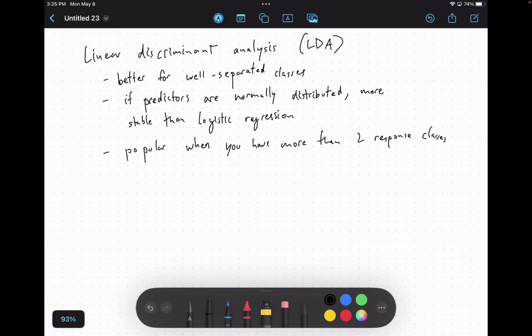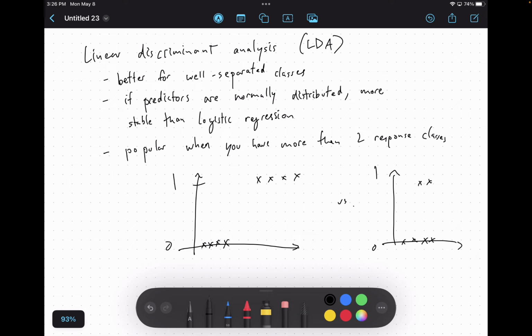What does well separated mean? It's something like this, as opposed to this.